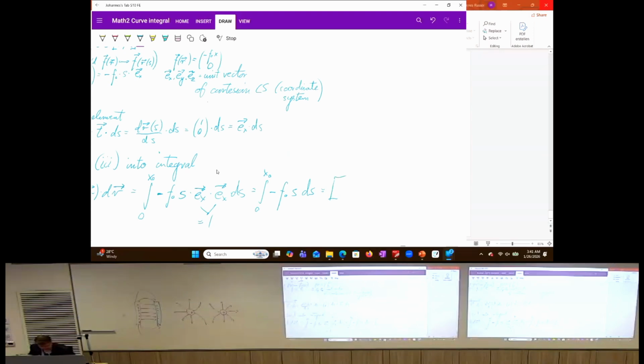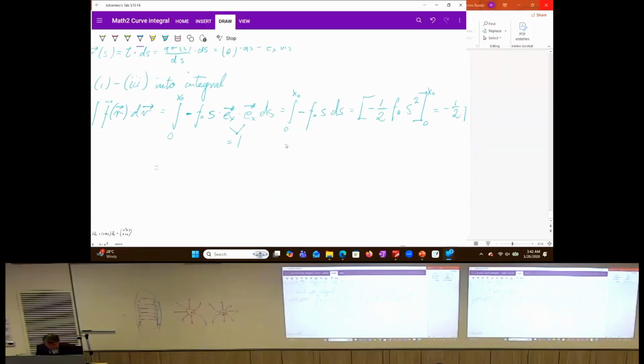Well, that will yield us, the minus is still there, and a 1/2 f naught s squared. So this is just by integrating s. And yeah, the boundaries are 0 to x naught. And that is 1/2 minus here. Sorry.